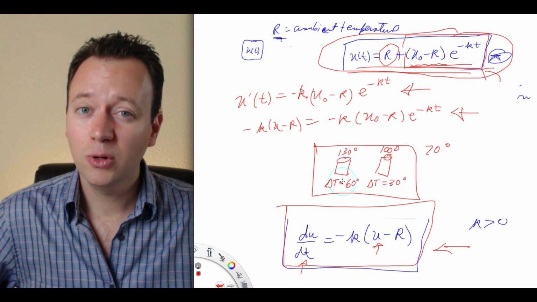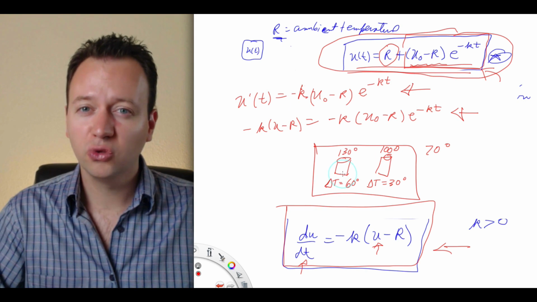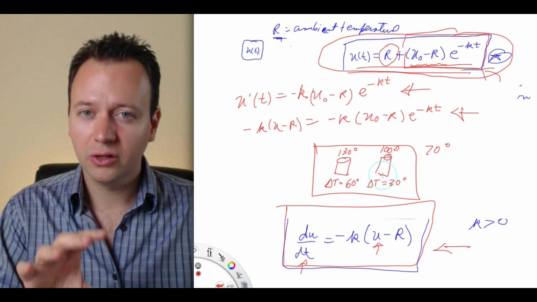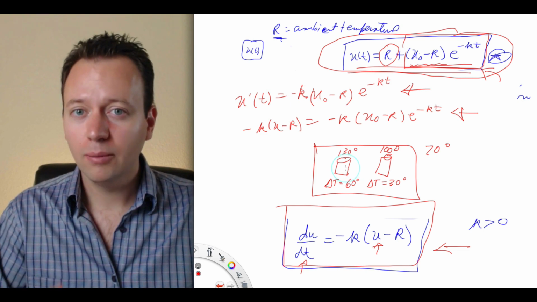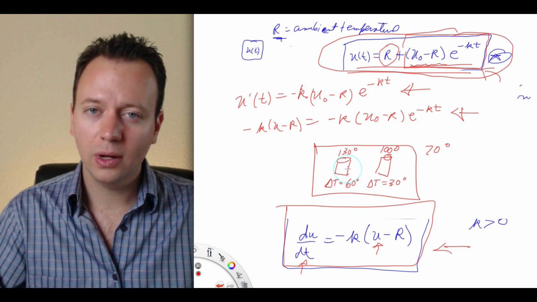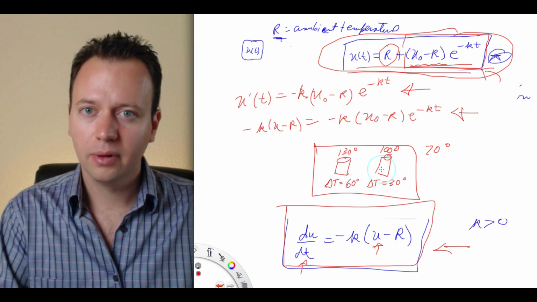Since the temperature difference on the hotter cup is twice that of the colder cup, at that moment the hotter cup should be cooling twice as quickly.